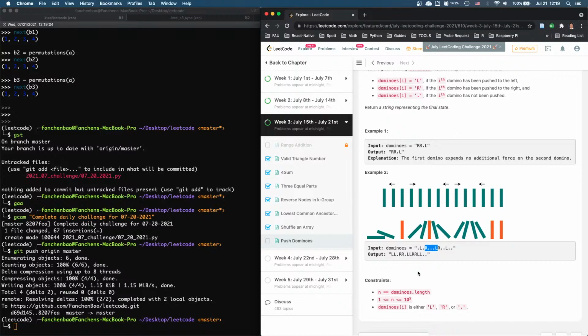So let's say if we have anything that is a stand still or a left, we push into the stack. We have a left, we push into the stack, and then we look for the one below us.